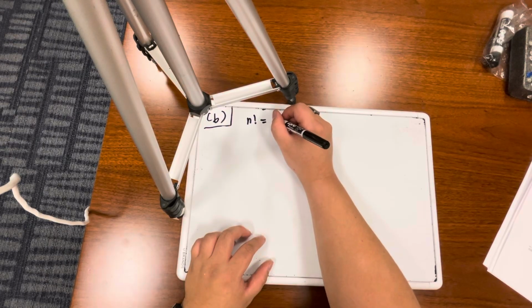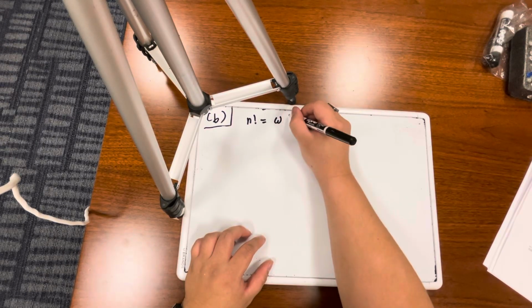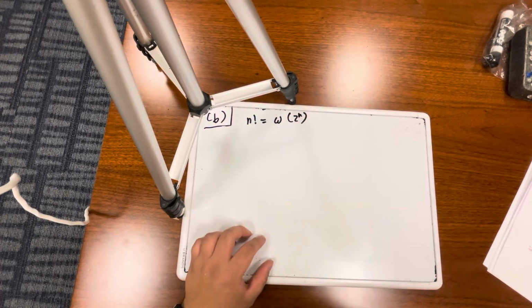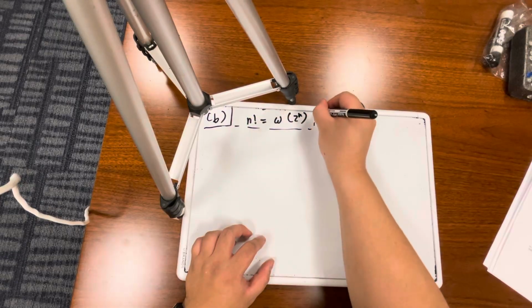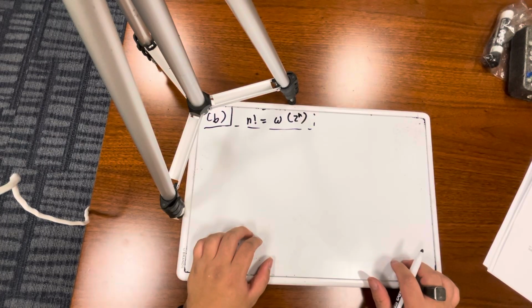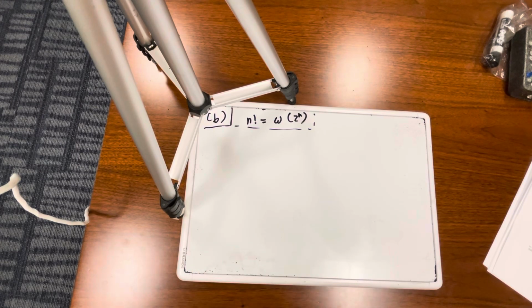For the next part, n factorial is equal to omega of 2 to the n. That's what we have to set out proving. So for this one, for n greater than or equal to 2, let me think.